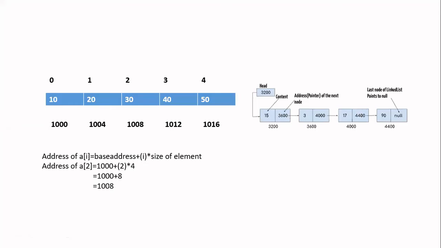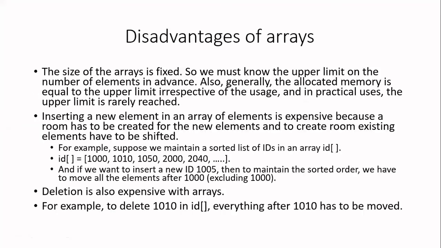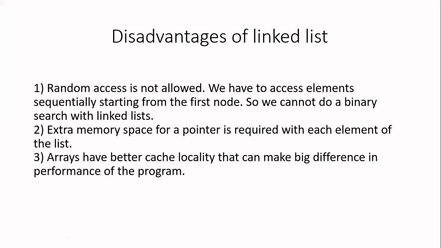It is only sequential access. That is the main drawback of linked list. So the random access is not allowed here. We have to access all the elements sequentially starting from the first node. So this is one thing we will see later. Sometimes you want to do binary search. That binary search is not possible in case of linked list. We will focus on this point later in detail.